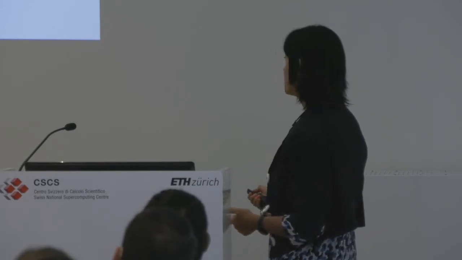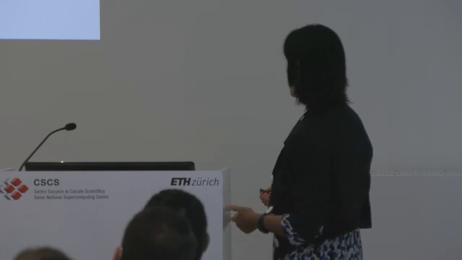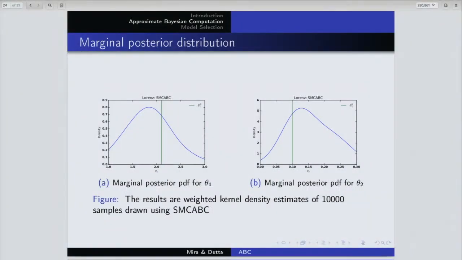These are the two marginal posterior distributions for θ1 and θ2, which we obtained from the accepted thetas by marginalizing, looking at the first and the second coordinate of thetas. Those bars are the true values of theta that generated the data. Well, we are not perfect, but we are consistently estimating the true value of the parameter.